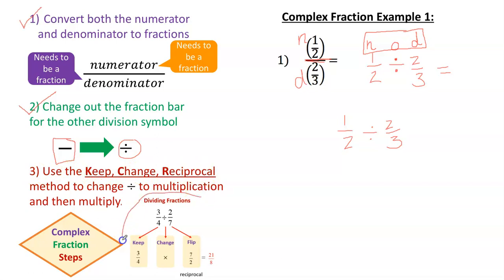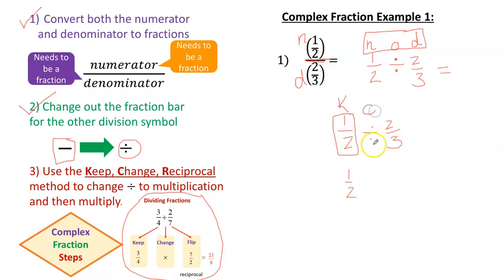Do you remember when we were dividing fractions and we used this picture to help us remember what to do? At this point, all we're doing is what you've done before. You're dividing a fraction. So we can use the same method that we already learned. We keep the first fraction, so that stays 1/2.